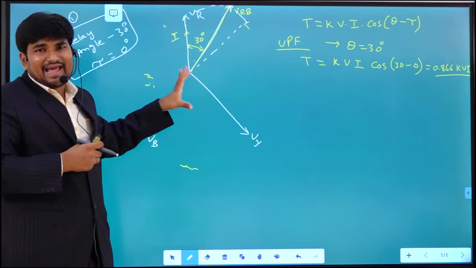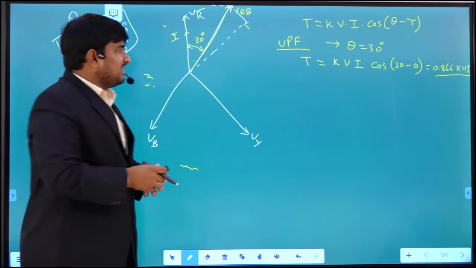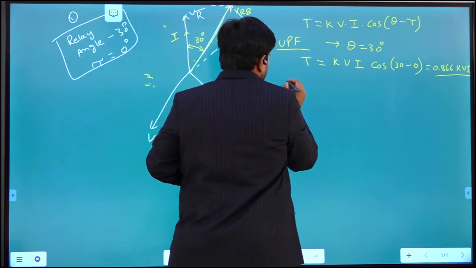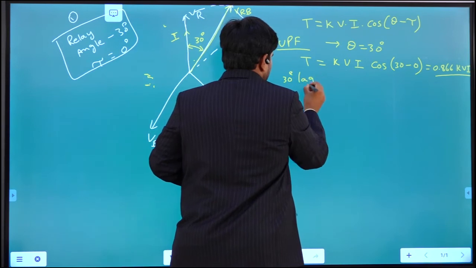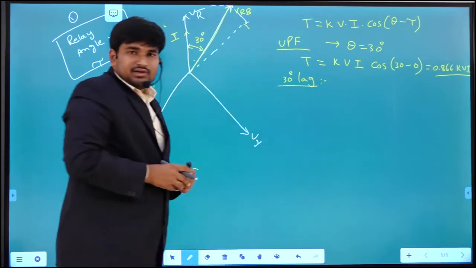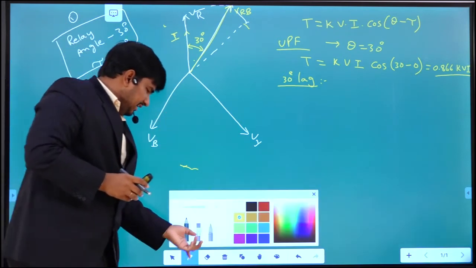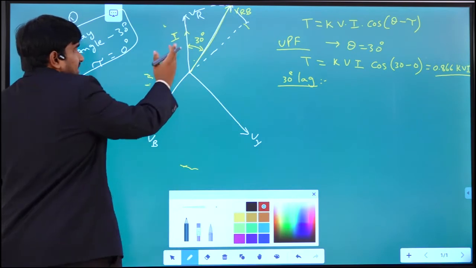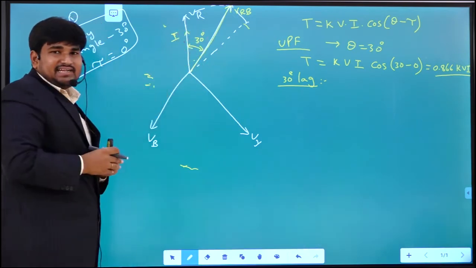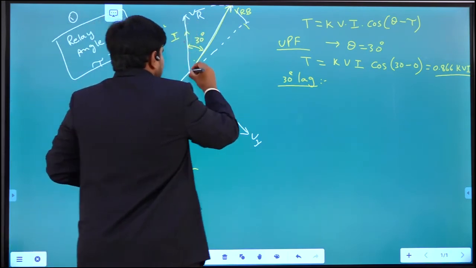Now let us take another power factor condition as well. The relay has to operate in all operating conditions. So let me take the second case, that is, the current is 30 degrees lagging. When the current lags the phase voltage by 30 degrees, it comes like this.